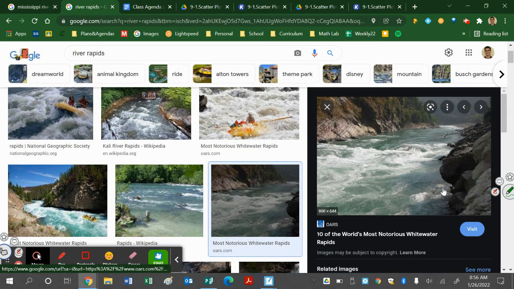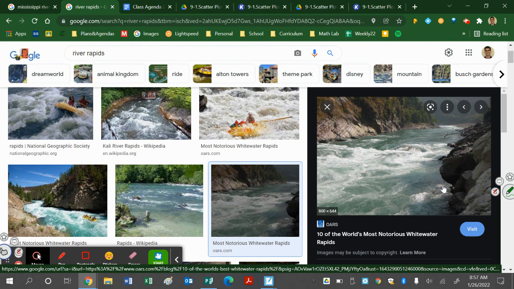Now, here's what you need to know. When a river gets thinner, it's got the same amount of water being pushed down. All that water upstream is pushing it downstream. But you have less and less space for those water molecules to go. So there's going to be more and more energy, more molecules bouncing off each other. And if you hear those words, more energy, you can see that would translate into faster speed.